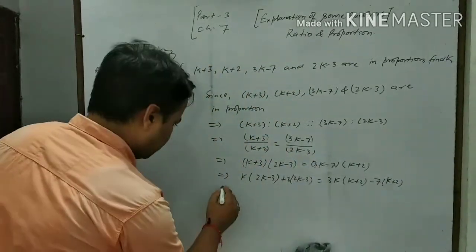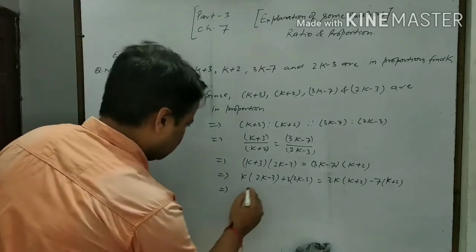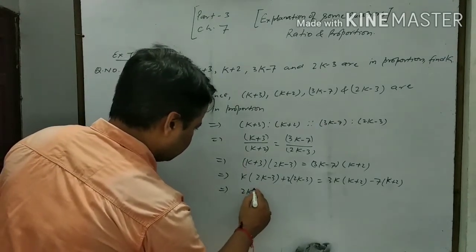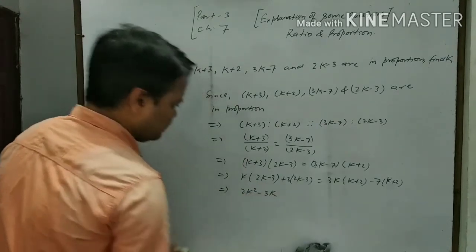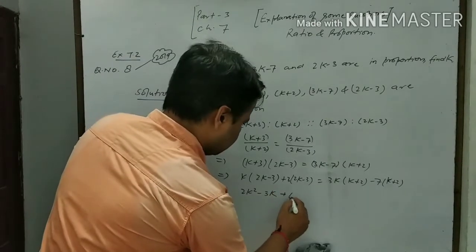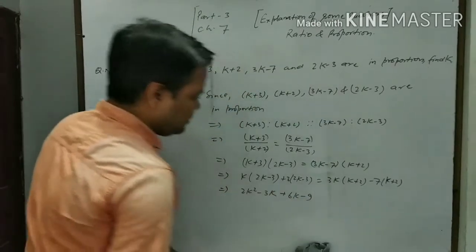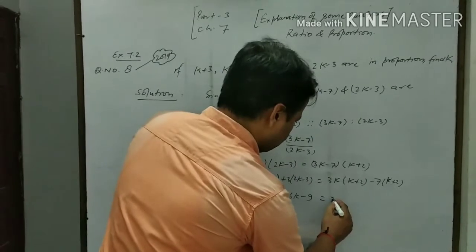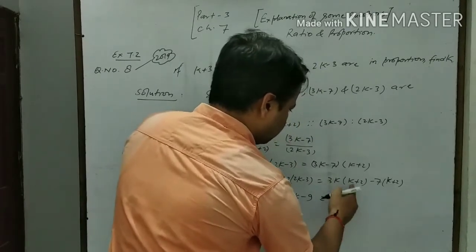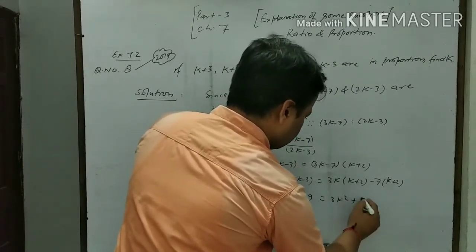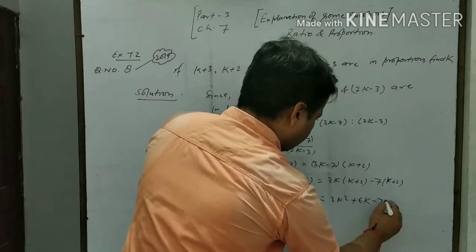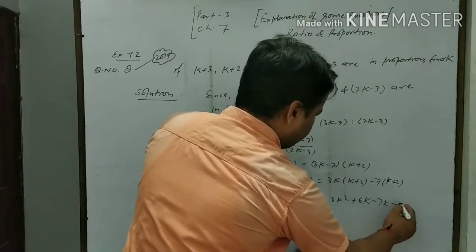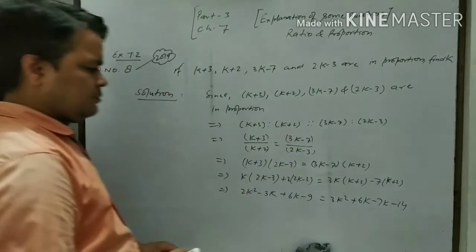After that, 2k times k will be 2k square minus 3k, and here plus 6k minus 9 is equal to 3k square plus 6k minus 7k minus 14.